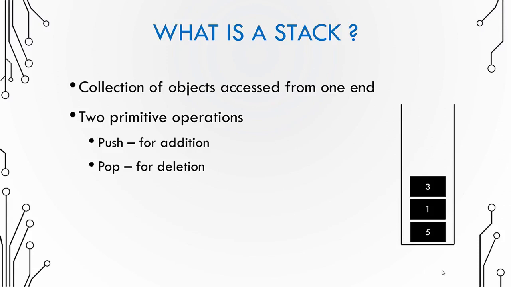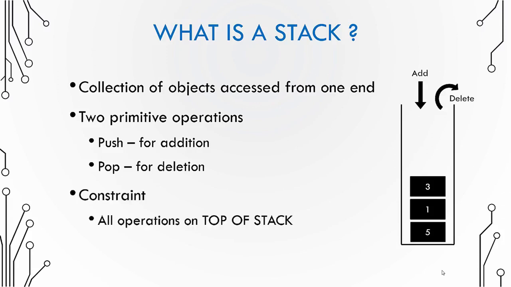For addition, you use the push operation, and for deletion, you use the pop operation. And there is a constraint, and it says that all the operations are done on the top of stack. So if you have to add an element, it goes from the top of stack inside the stack, and if you have to delete an element, it should always be deleted from the top of the stack. That means the topmost element will get deleted.